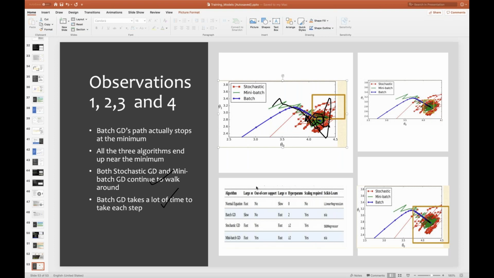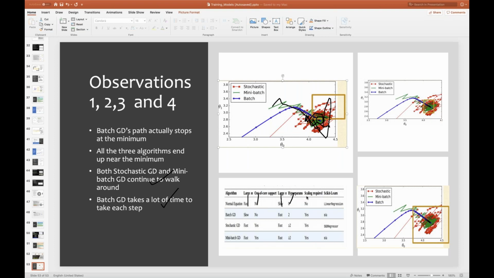Now, let's understand the differences of each one carefully. If we take a pen, the normal equation is fast. It is not out of core. It is large and it is slow.